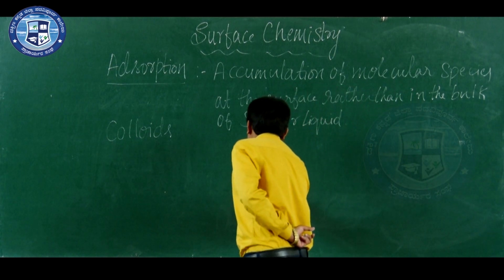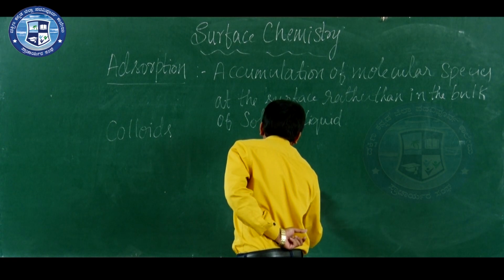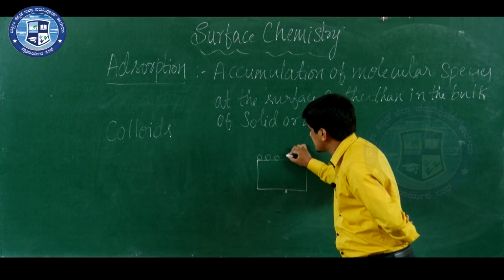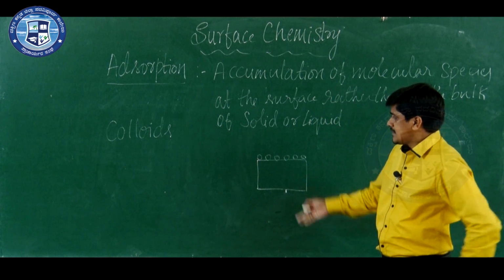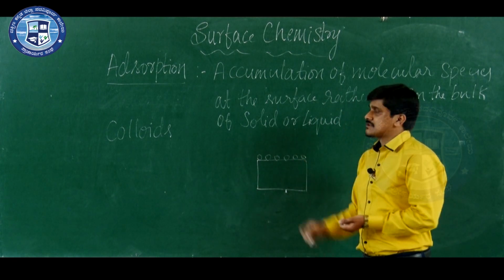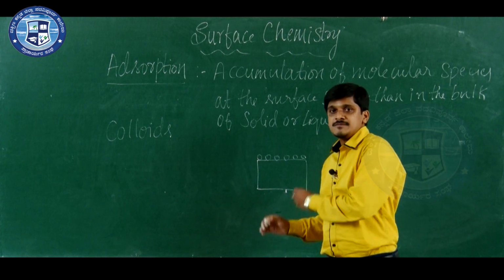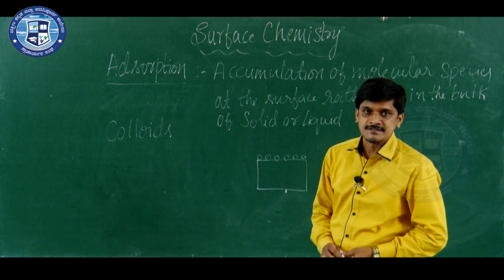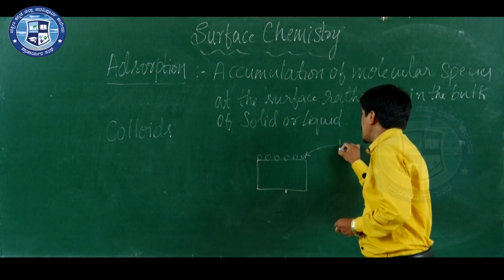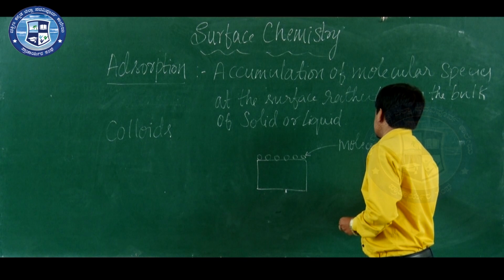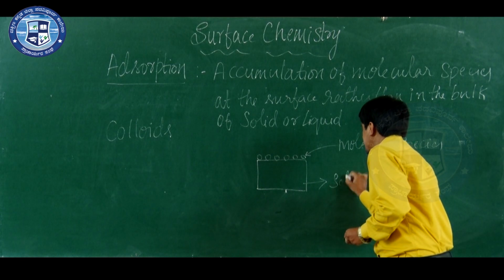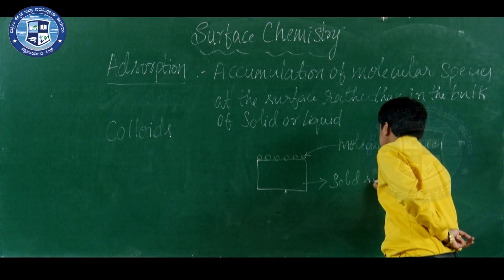See for example, there is a surface. Now if the molecules are accumulated at the surface rather than in the bulk, then this phenomenon is called adsorption. For adsorption to happen, we need two substances: molecules or molecular species, and a solid substance.